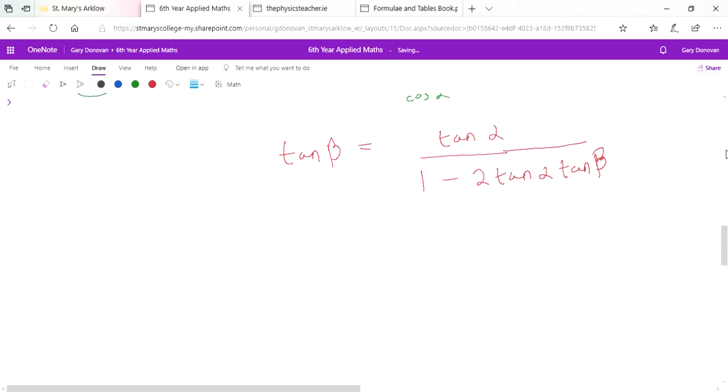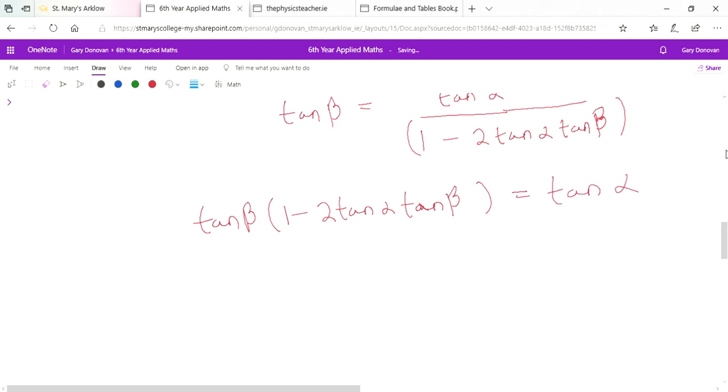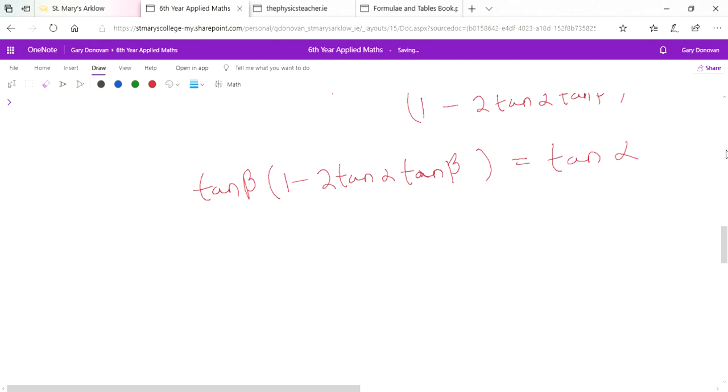So I'm going to multiply both sides by 1 minus 2 tan alpha tan beta to give me tan beta times 1 minus 2 tan alpha tan beta equals tan alpha. I'm going to do this fairly quickly because YouTube only lets me put up videos of a certain length.